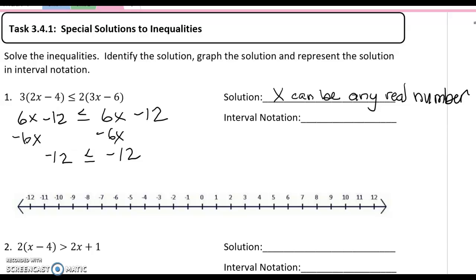Please note what I wrote on the solution line, and make sure you write the same thing. We went in trying to solve for x. The variable disappeared, and we were left with a statement that we said was true. So what does that mean for our solution for x? X can be any real number, which means x can be any number, and it's going to work.